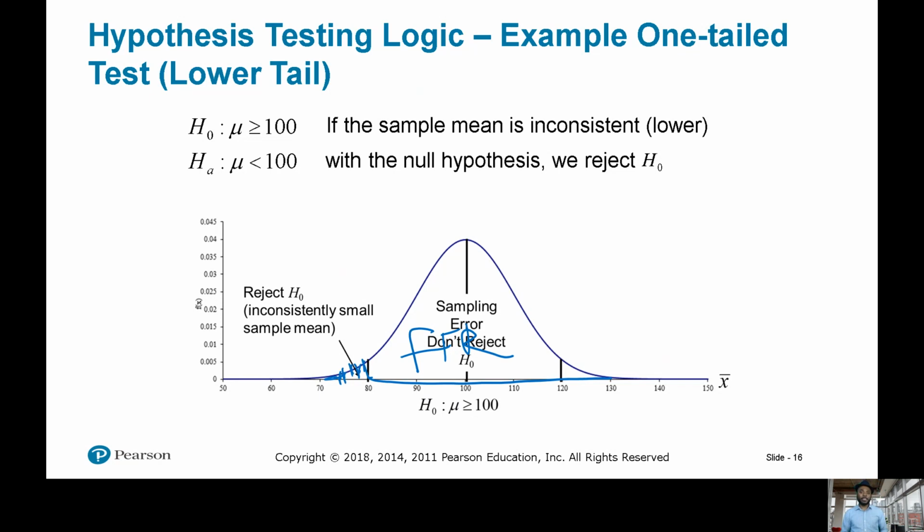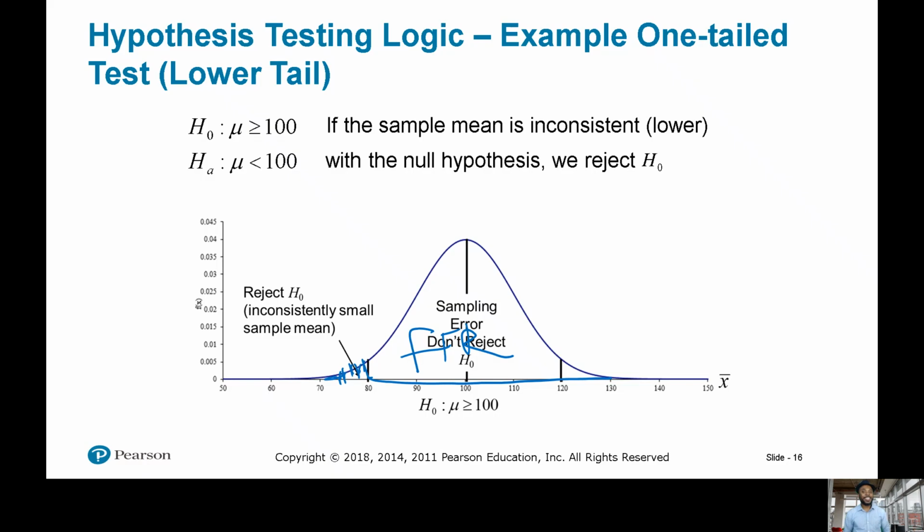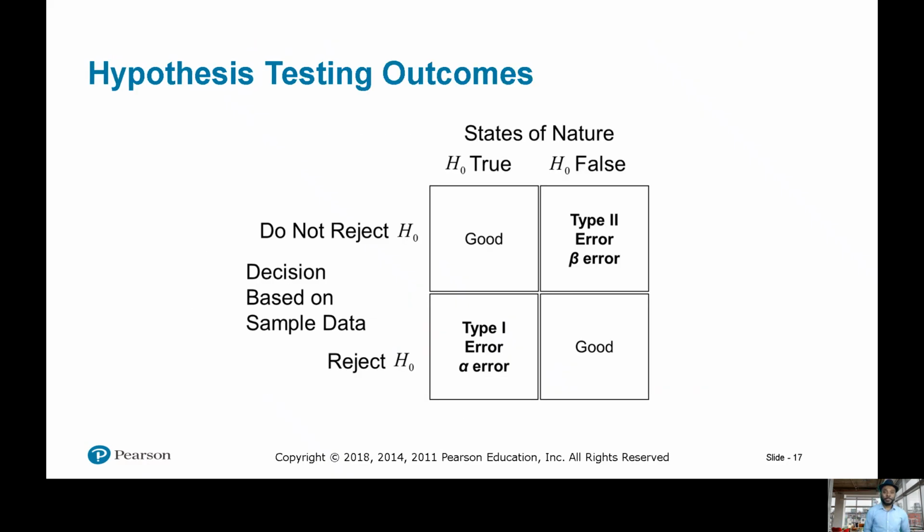But in all of this, one thing we must take into consideration is the errors that could occur when we conduct hypothesis testing. What sort of errors exist? There are basically two types of errors that we might commit: a type 1 error and a type 2 error.